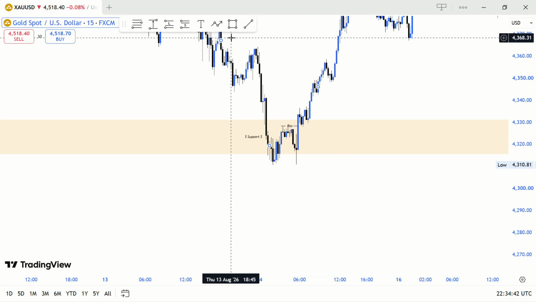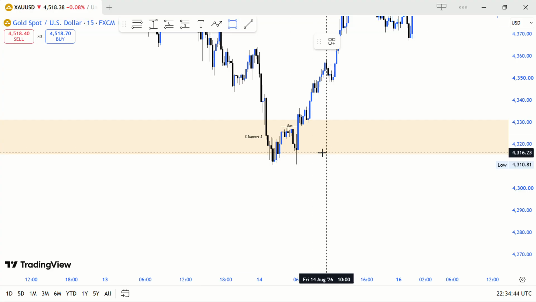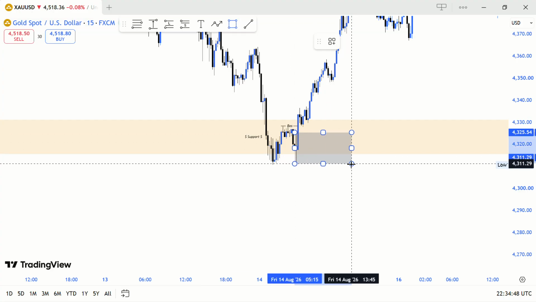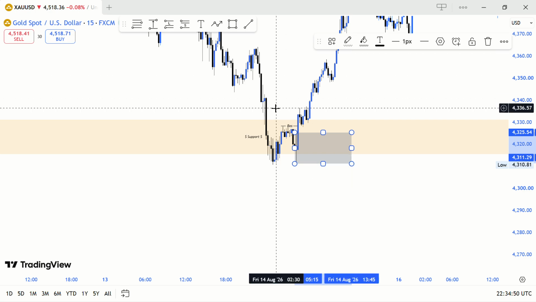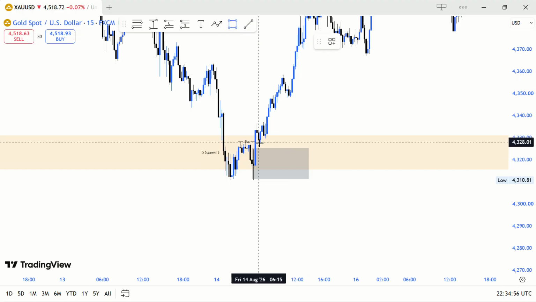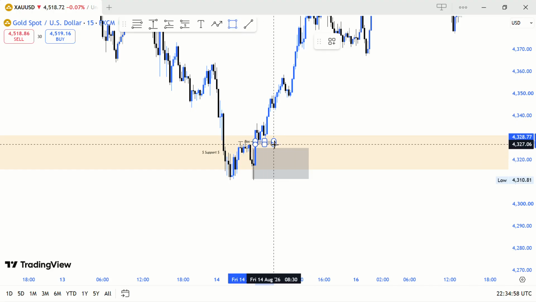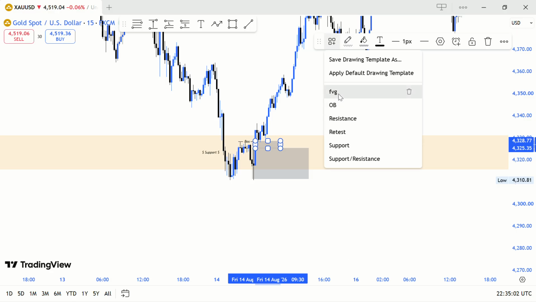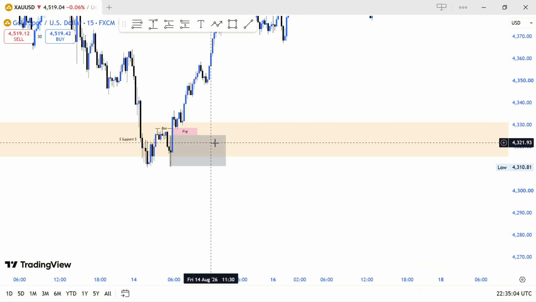Now there was another order block, and this order block is not just standing alone, it has an FVG, which has not been mitigated, which makes me more confident to trade from here.